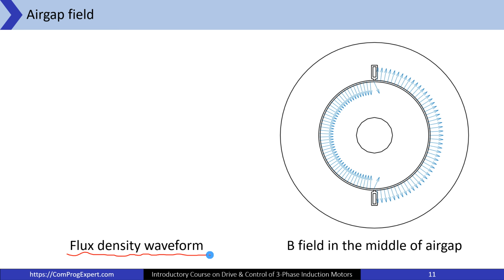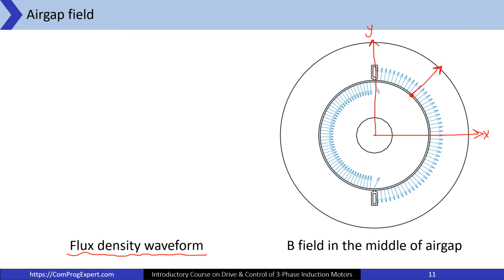What is the flux density waveform? If I use the cylindrical coordinate system, I can draw two plots considering the field solution flux density vectors that we have in the middle of the air gap. If you consider this x-axis and this as the y, and consider this point, we have this flux density vector.